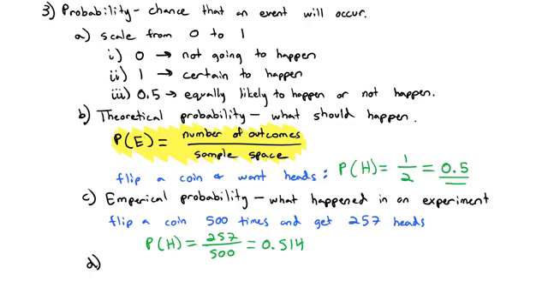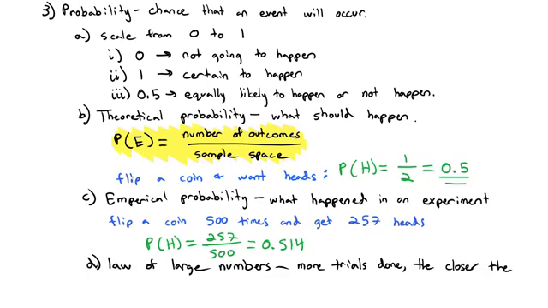But that difference can be made smaller using what's called the law of large numbers, which basically says that the more trials I do, the closer the empirical probability is to the theoretical probability.